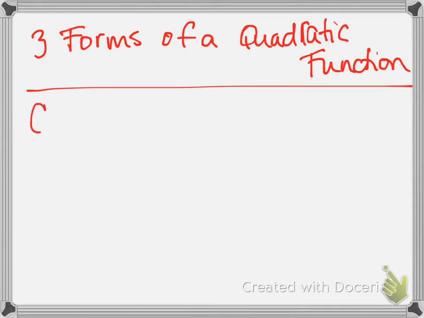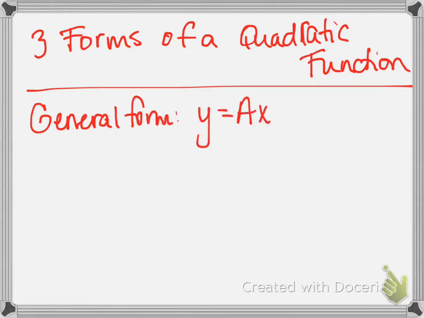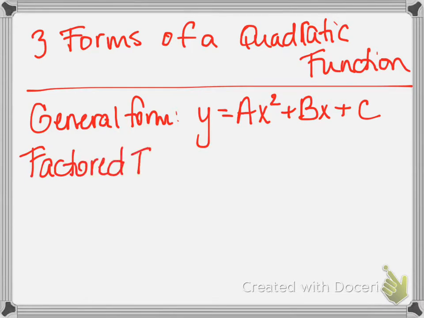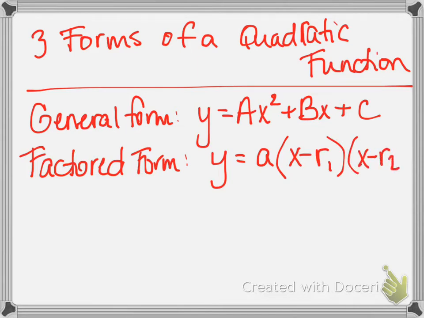Okay, so three forms of a quadratic function. We just talked about them. We have general form, which is y equals ax squared plus bx plus c. There's factored form, which is y equals a times (x minus r1) times (x minus r2).